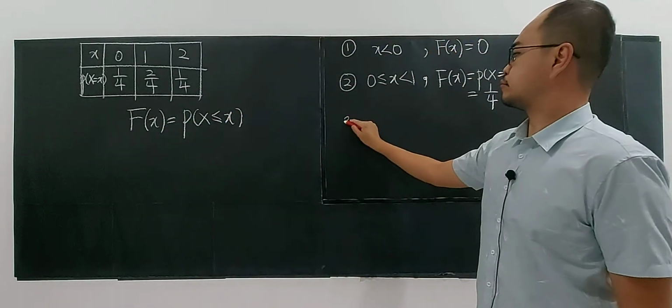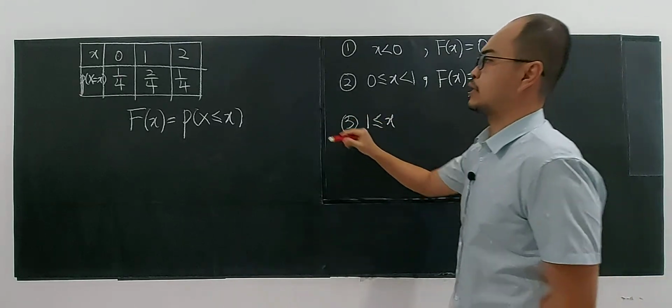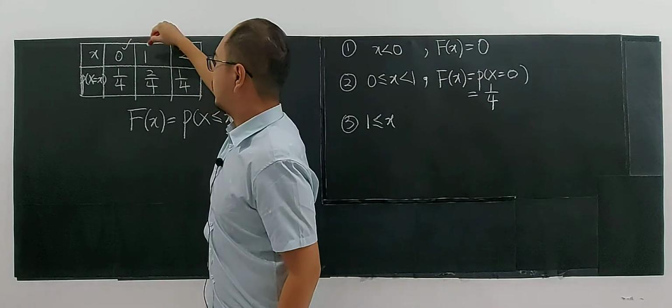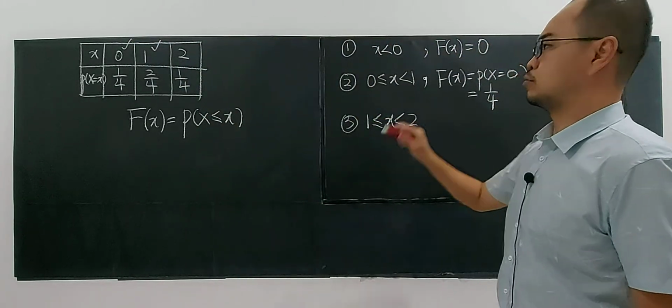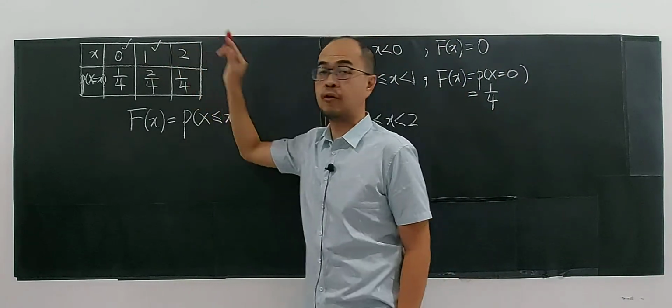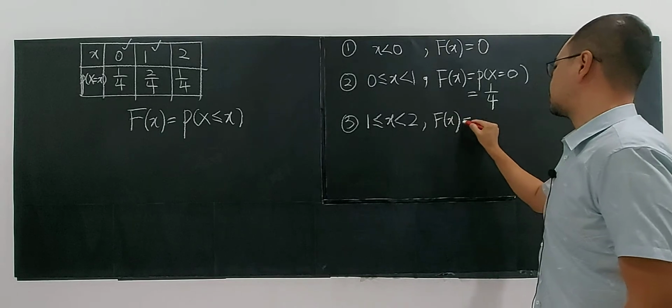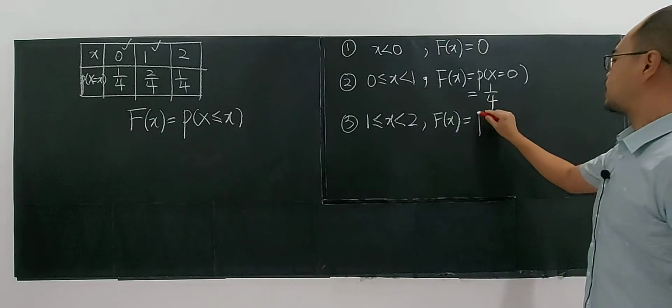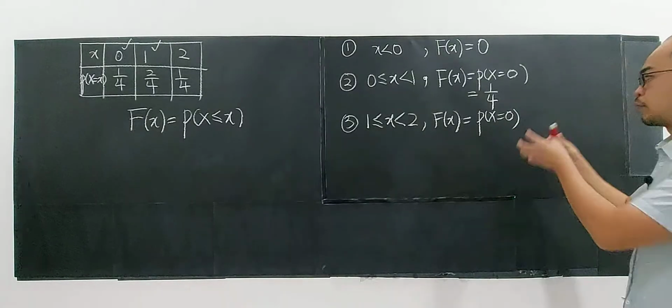After passing through 1, we have reached 1, but before 2. So the cumulative will be P of X equals 0 plus P of X equals 1. Cumulative means you add up the probability before.